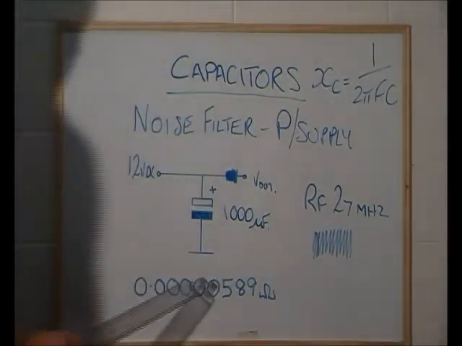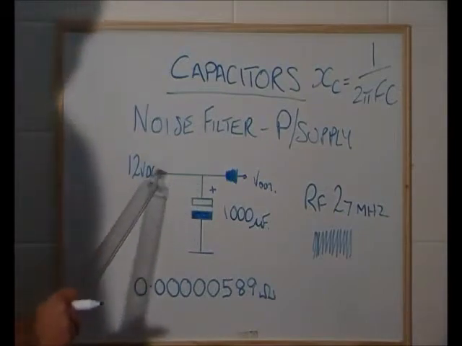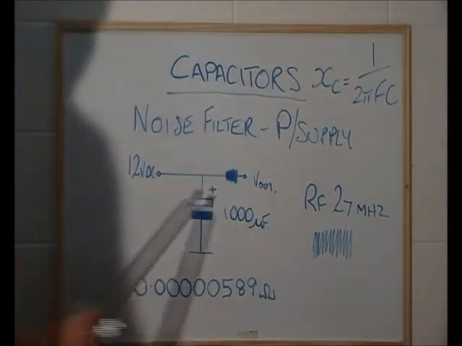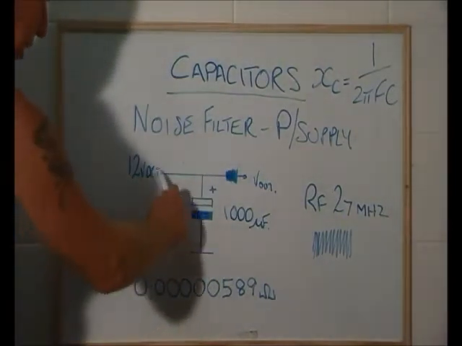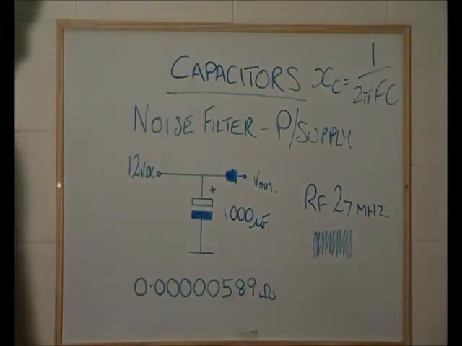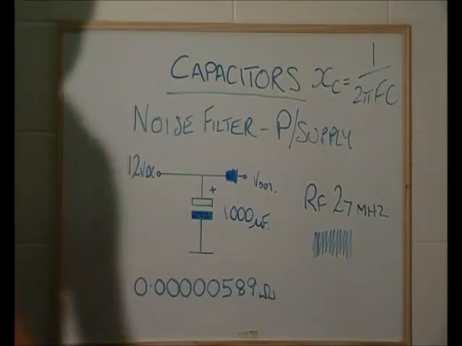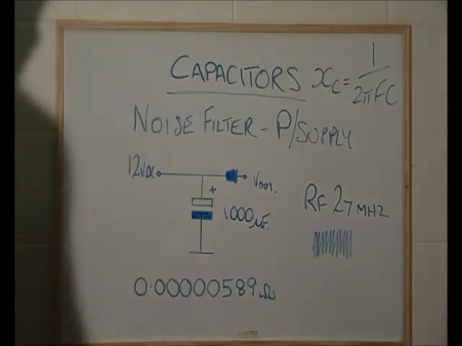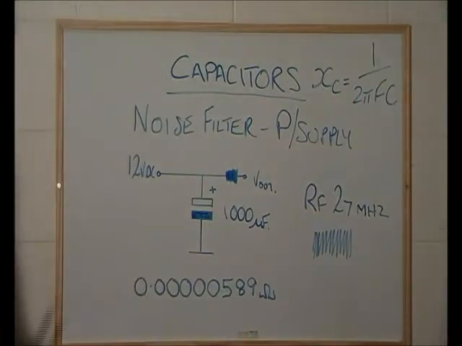So this would act as a short circuit to that 27 megahertz, shorting it directly out to 0 volts. Gone. A very, very short circuit, I don't think you can get much shorter. And that's how we filter power supply noise.